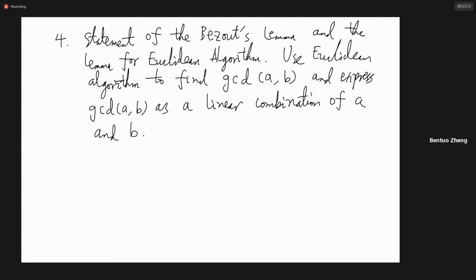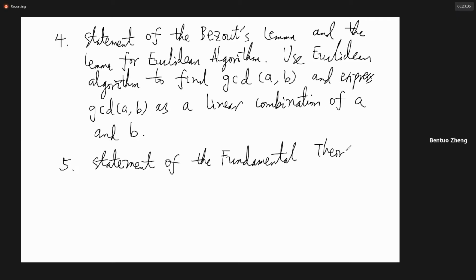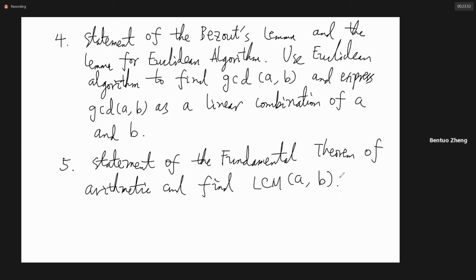And the last problem is the statement of the fundamental theorem of arithmetic, and find the least common multiple of two numbers A and B. Also, the last problem is similar to the problem in your third exam.